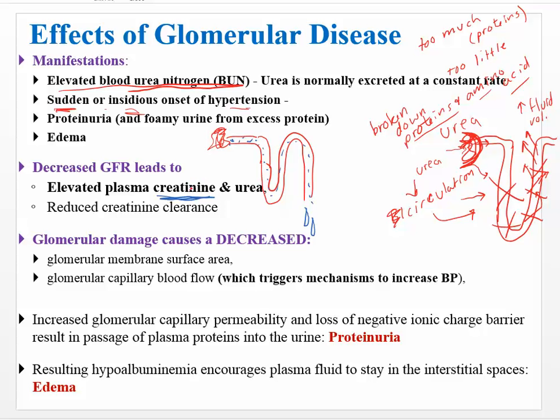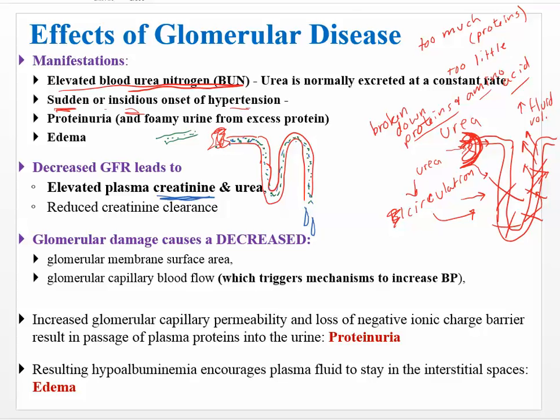So that may break down, and usually we produce creatinine at a pretty constant level. It's in the blood, and it does move into the urine, and you can pretty much check it at one time, and then a few months later check it again, and it should be about the same as long as everything is okay.